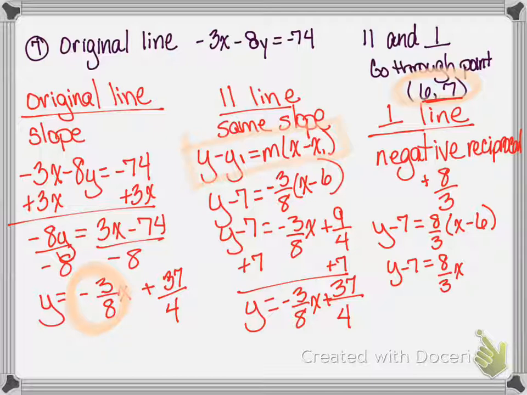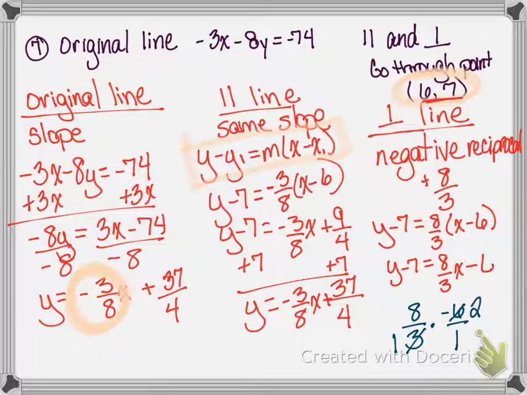So let me do this down here so we can see exactly what's happening. I've got to take the 8 over 3 and distribute it to negative 6. So I have 8 over 3 times negative 6 over 1. 3 goes into 3 once. 3 goes into negative 6 negative 2. So I have 8 times negative 2, and that gives me negative 16.